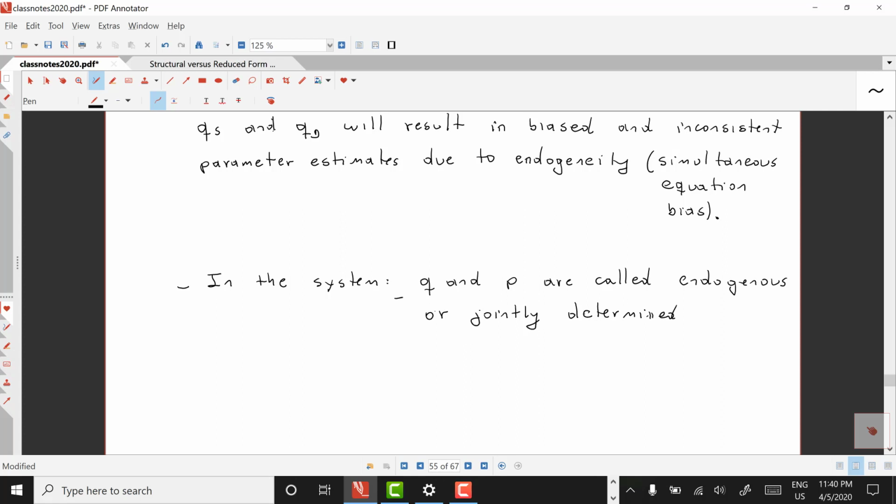On the other hand, I and S are exogenous.